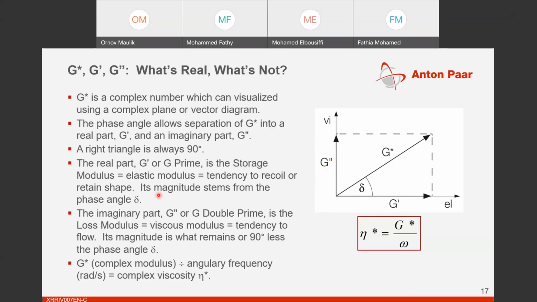Now, again, if you divide this G double prime by G prime, you get something called the damping factor. That damping factor is also a very important parameter in order to define the transition of any particular material from solid to liquid or liquid to solid.